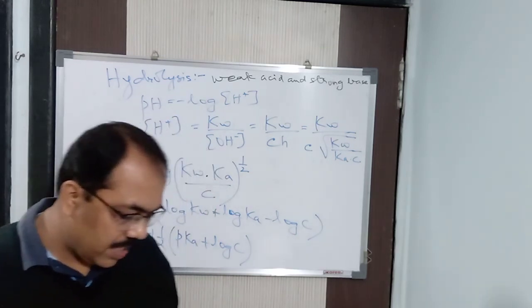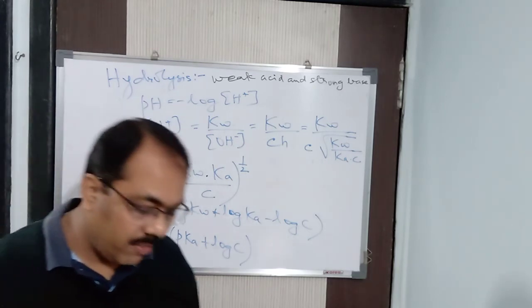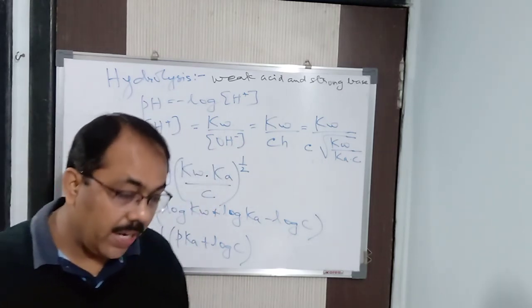Similarly, we have the category of salt of strong acid and weak base. If you derive it, you will get Kh is equal to Kw by Kb.